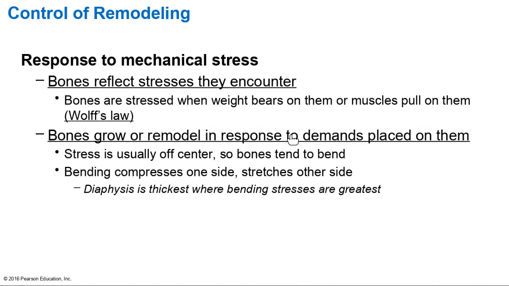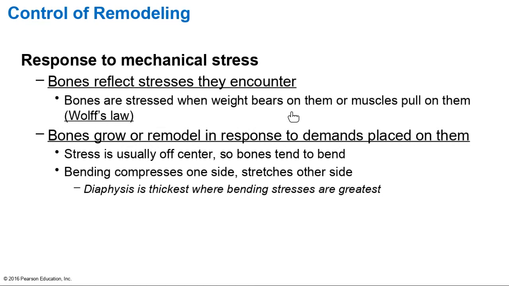So again, control of remodeling. A lot of our remodeling is based on mechanical stress. The bone reflects the stresses that they encounter. This relates back to a law that I mentioned in one of the parts of chapter 7 called Wolff's Law.